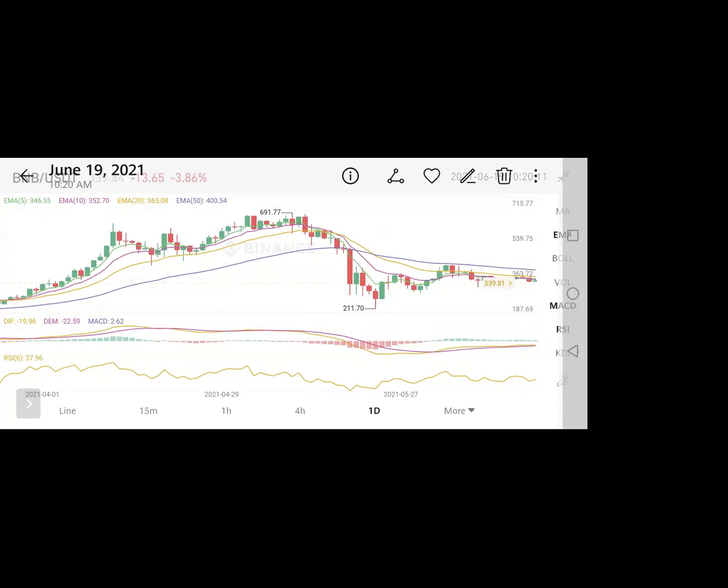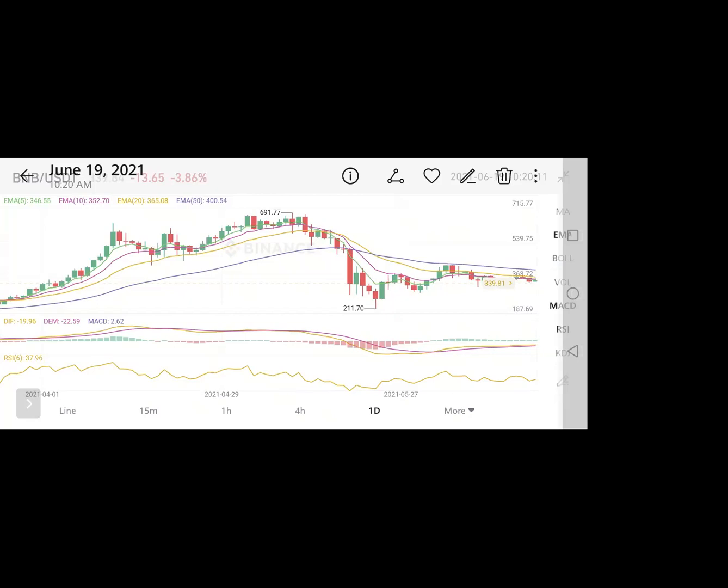So we have different tools to analyze the activities that go on in the market. One of the indicators is called moving averages. And in moving averages, we have the exponential moving average and the simple moving average.